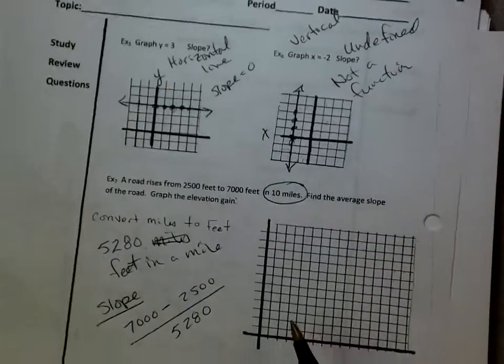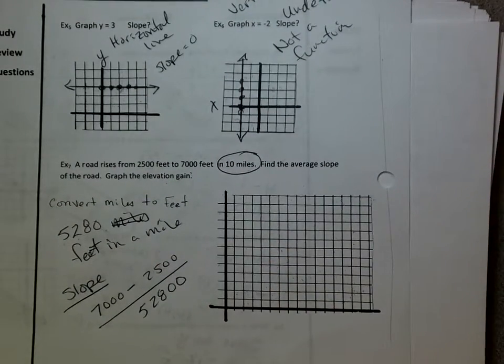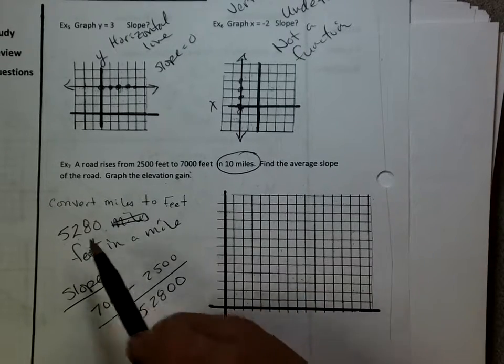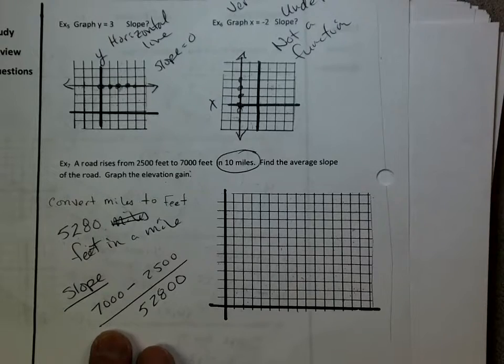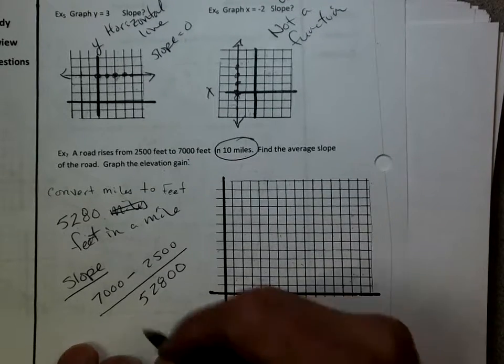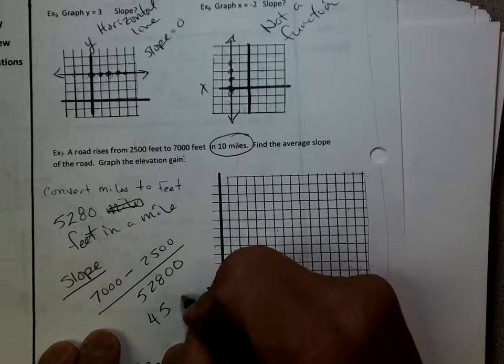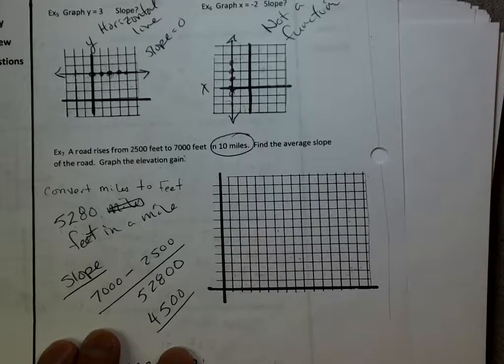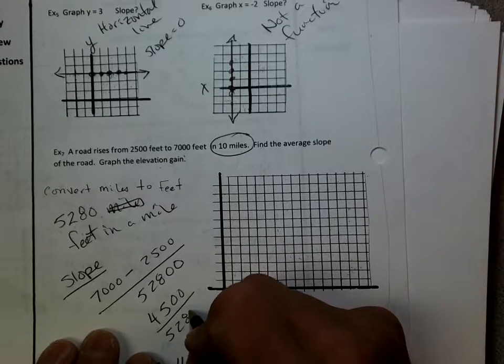But it's 10 miles, so let's add another 0, because it's in 10 miles. I'm going to multiply that by 10. So 7,000 minus 2,500 is 4,500 feet divided by my 52,800.